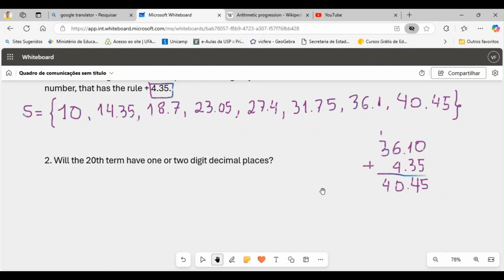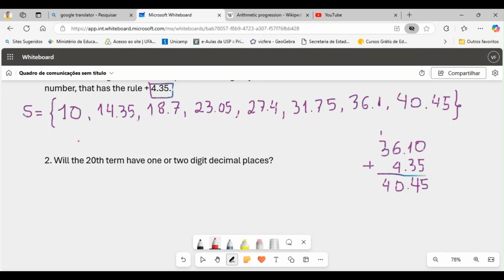So, in order to answer that, the fastest way is to express an equation instead of trying to calculate the ninth, the 10th, and so on until we reach the 20th.